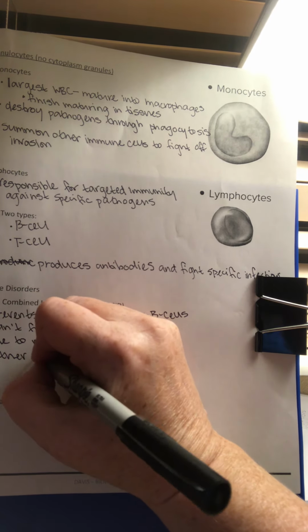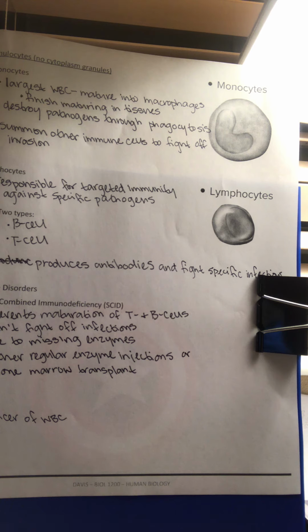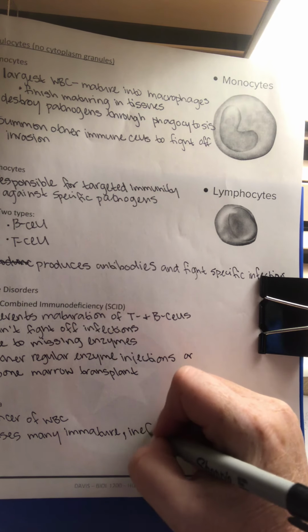So even though there's this uncontrolled cell growth, the white blood cells don't mature into anything. Now remember that this maturation process is extremely important in order to fight off the different pathogens that invade our bodies. And so it prevents the white blood cells from being effective. Ineffective.